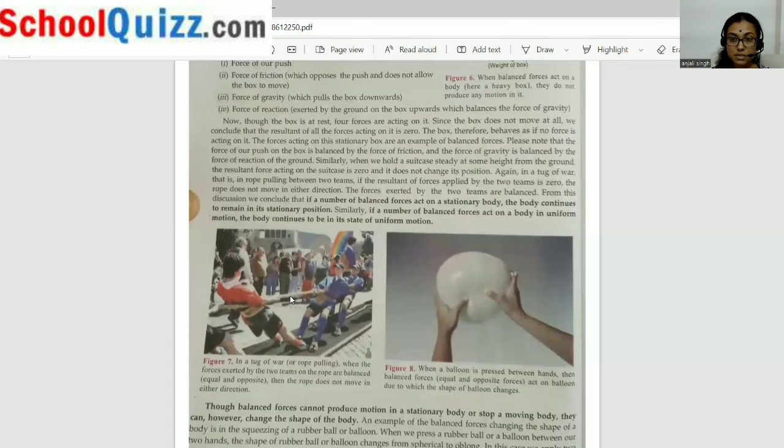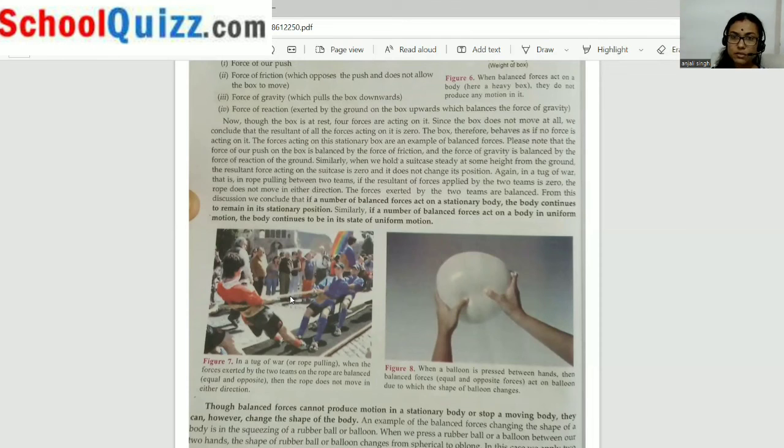Like a balloon pressed between the hands. Balanced force means equal and opposite force. If anyone asks you about balanced force, you will say the force is equal as well as opposite on an object. Clear?